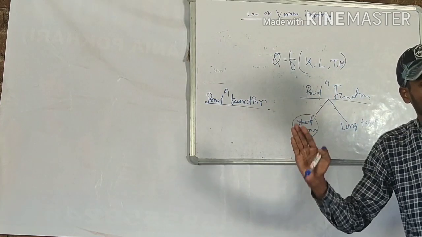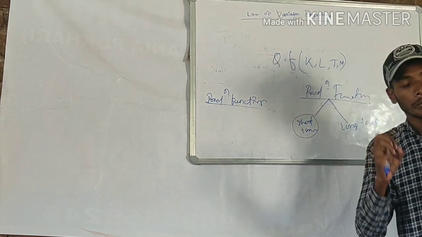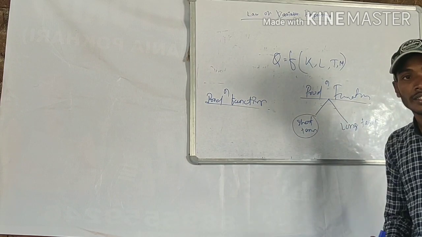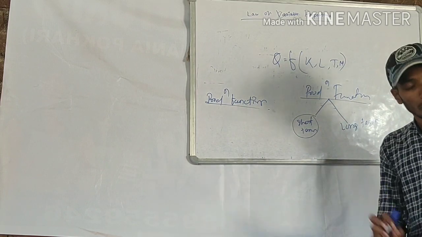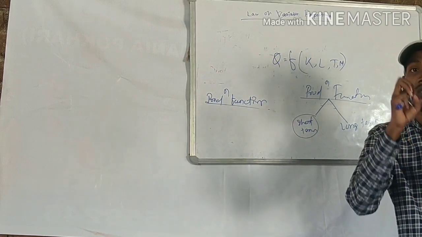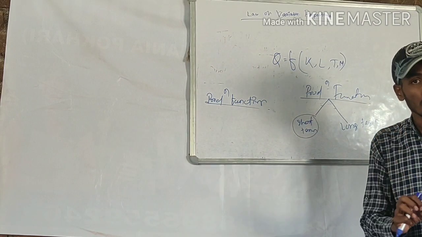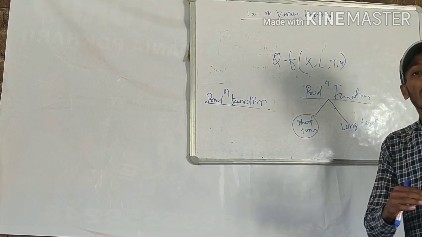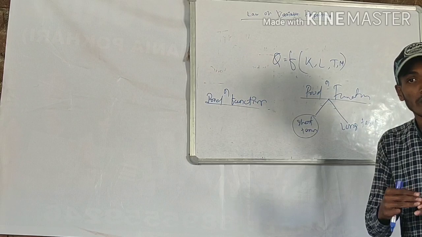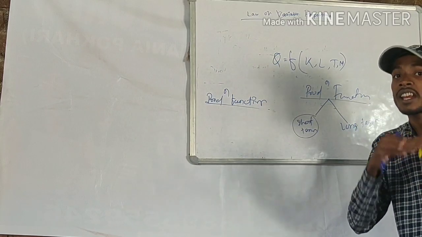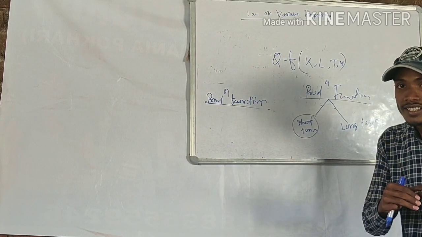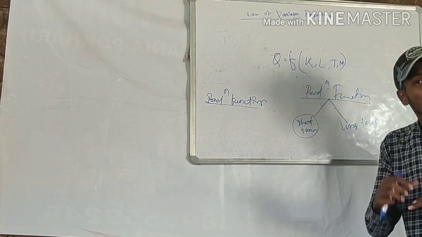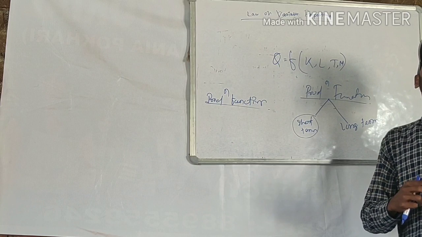This law states that the output level may increase while other factors are held constant, and if we increase one additional unit of variable factor, then there is an addition to the total output. So that much output increases. This is called the law of variable proportion.